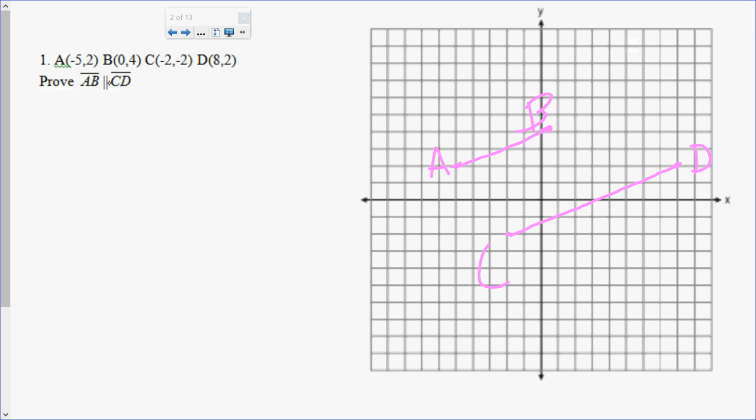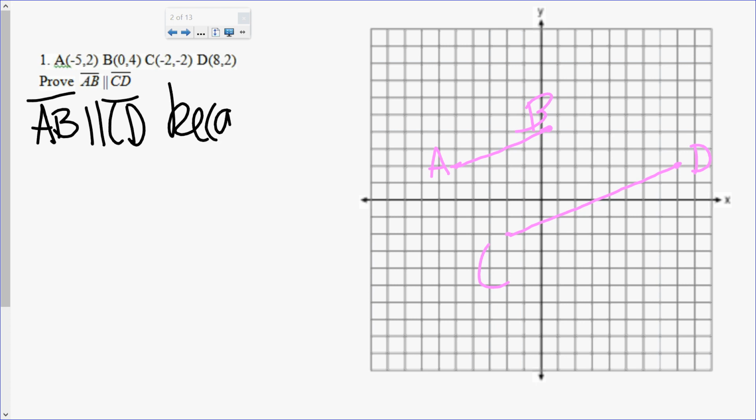Just like the previous lesson, I start with what they want me to prove. If they want me to prove that AB is parallel to CD, then I write AB is parallel to CD because parallel lines have the same slope, because they have the same slope.